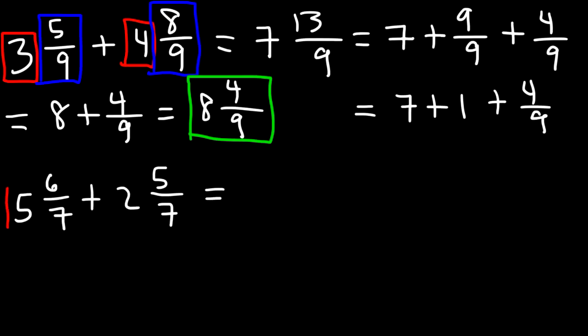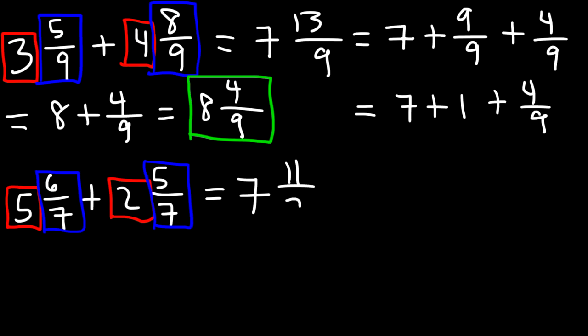So let's begin by adding 5 and 2. 5 plus 2 is 7. And then let's add 6 over 7 with 5 over 7. So that's going to give us 11 over 7. And so let's expand this mixed fraction. So it's 7 plus 11 over 7.